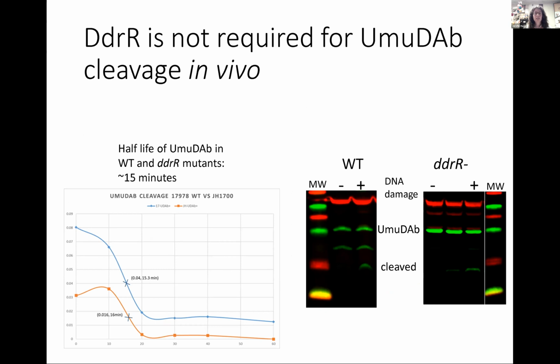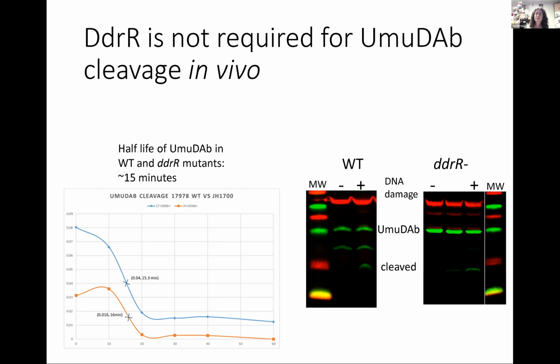One of them is this project, doing some Western blotting, looking at the actual activities of proteins in the living cells. So on the right, we see some immunoblotting where we're applying antibodies to UMUD-Ab, and we're seeing if it's intact, large size, or if it's been cleaved to small pieces.